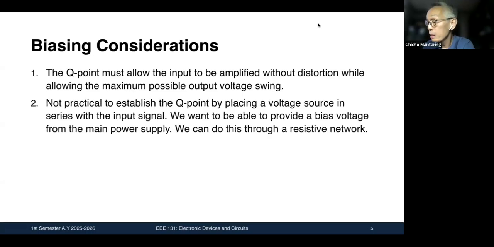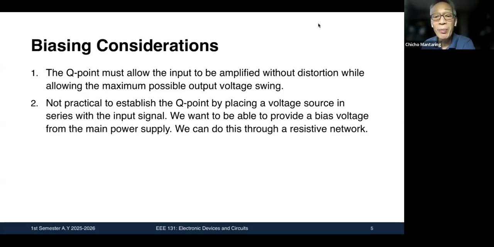Number two, I also mentioned this already earlier. It is not practical to establish the Q point by placing a voltage source in series with the input signal. Otherwise, if you have 10 inputs to your circuit, you would have 10 voltage sources. So that is not practical. So how do we want to be able to bias a transistor?